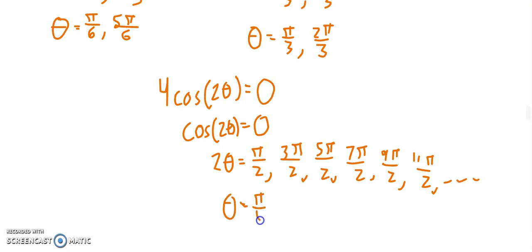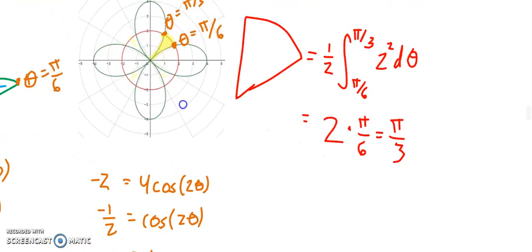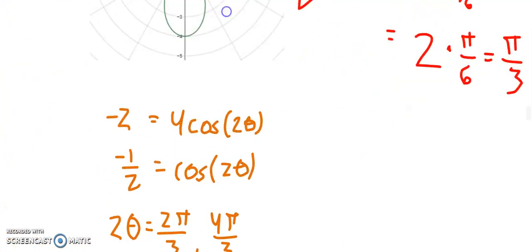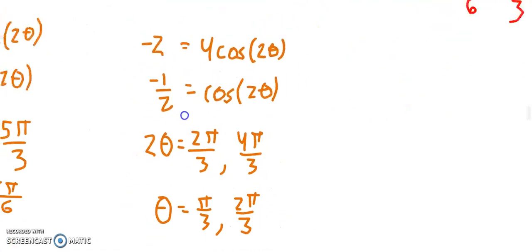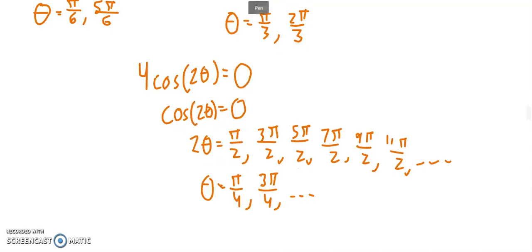It's going to look like pi over 4, or 3 pi over 4, and so on. All of these theta values are times where my graph hits the pole. I'm looking for the one that happens right after pi over 6. The first one to happen right after pi over 6 is going to be pi over 4.